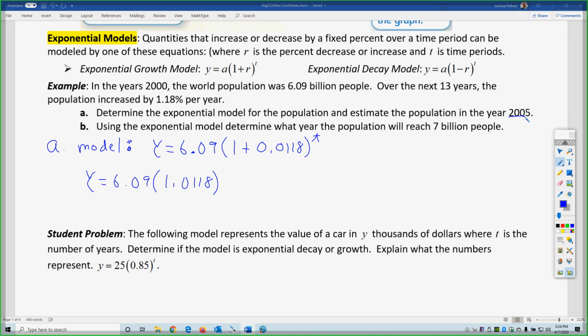That's not what we're doing here. It's from 2000. That's our starting point. You have to have some kind of starting point when you're dealing with time problems. So that is 5 years later. Okay. So at that point, we'll put it in the calculator. We won't get an exact answer, but we'll give it a shot here.